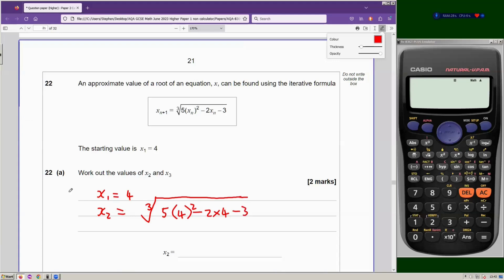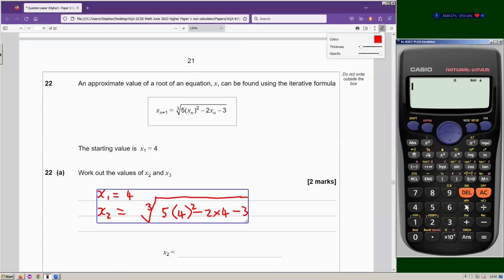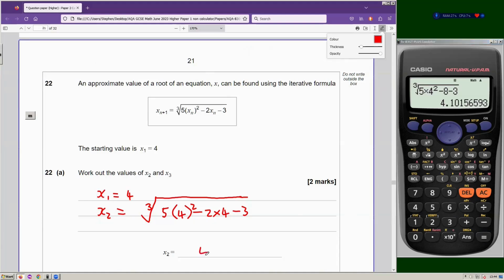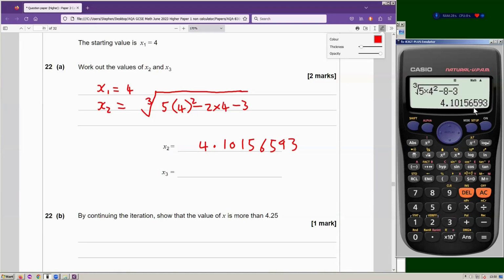Let's put that in. Cube root is here. 5 times 4 squared, minus 2 4s are 8, minus 3. 4.1, 4.101. That's our first answer, x2.